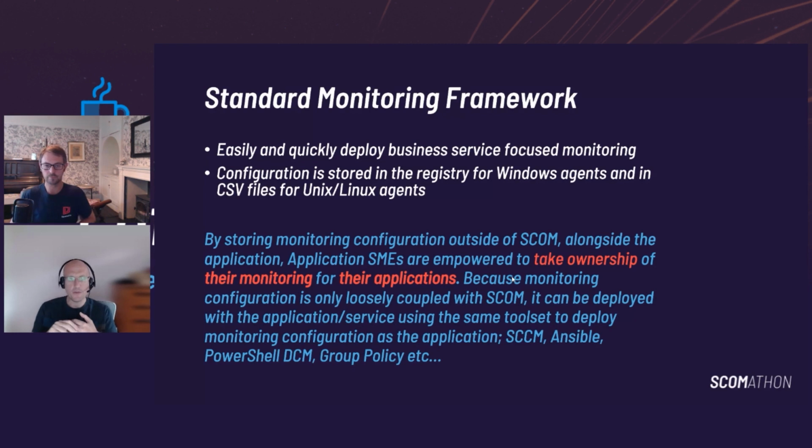I toyed with the idea of having that in JSON on a file share, but I just couldn't come up with a way of making that secure so that a rogue admin couldn't use it to elevate their permissions above what they've already got. Because as you said, SCOM is a powerful tool. It's running the system.